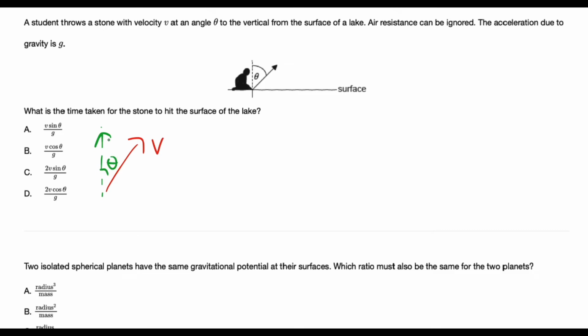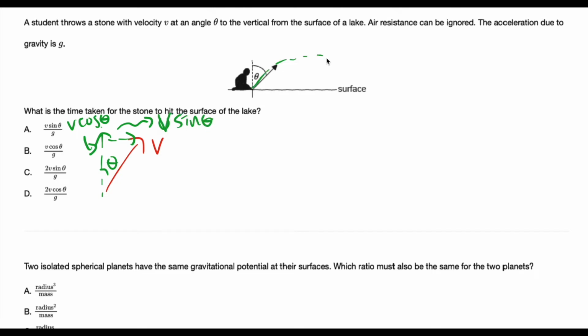Here is the angle theta. So the vertical component is going to be equal to v cosine theta, and the horizontal component is going to be equal to v sine theta.